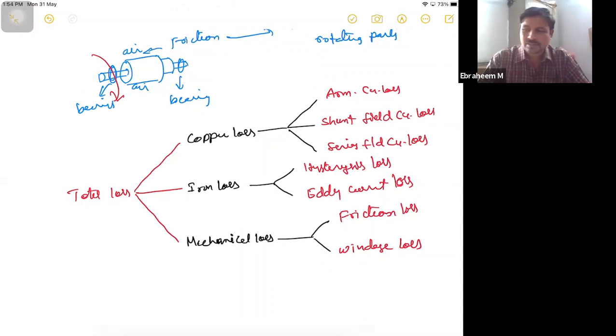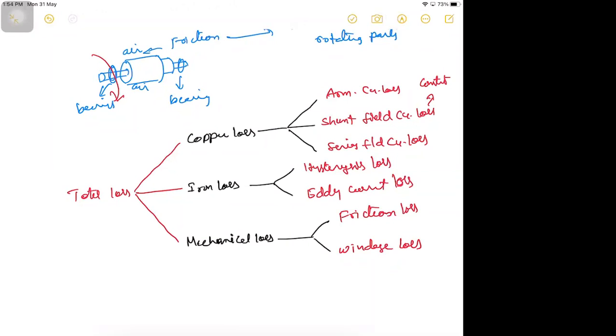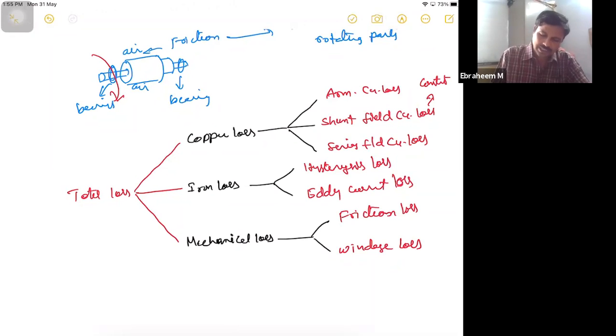Generally the shunt field loss is constant, because shunt field current is generally constant. And the mechanical losses are also constant. So combined, these two are called constant losses. The armature copper loss is generally variable, because when the load changes on the generator you will have current varying, and when the current varies, Ia squared R changes.